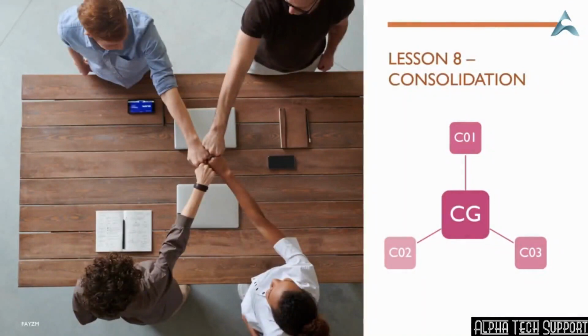In this lesson, you will learn about the consolidation process in Dynamics 365 Finance. Now, in our earlier lesson on intercompany transactions, we spoke of two separate legal entities from Google having a transaction between each other, and that being termed as an intercompany transaction.